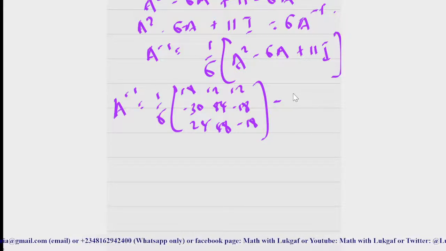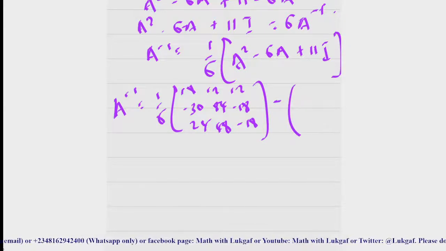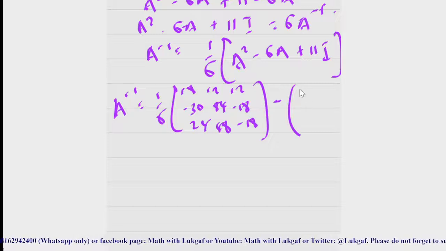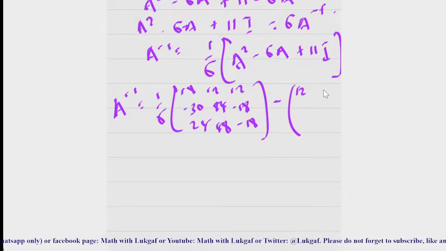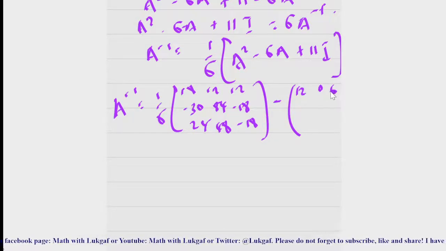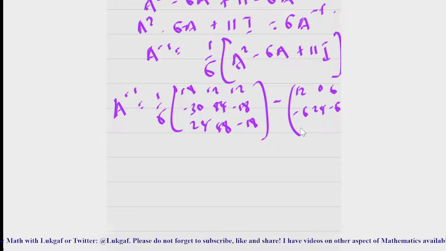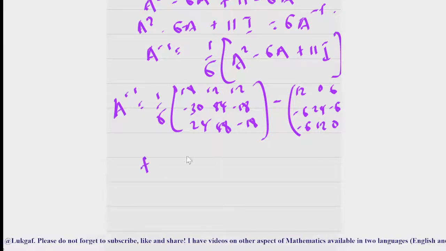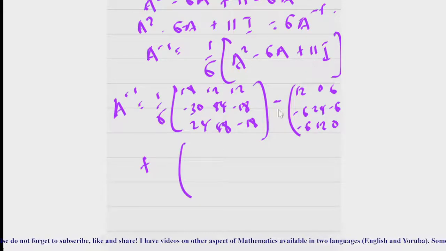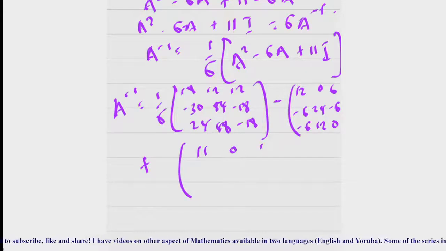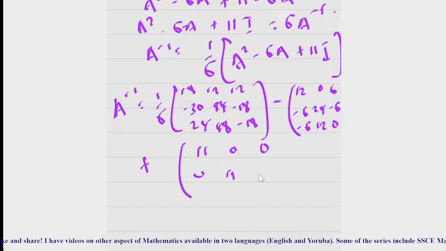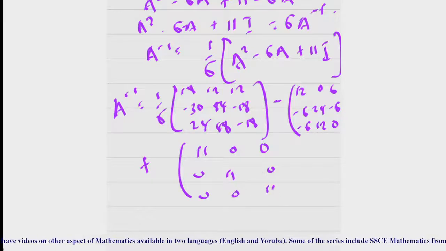If you multiply 6 by A, I think this is going to give me 12, 12, 0, 6, minus 6, 24 minus 6, minus 6, 12, 0. You understand? And then plus this, that's 11, 0, 0, 0, 11, 0, 0, 0, 11.